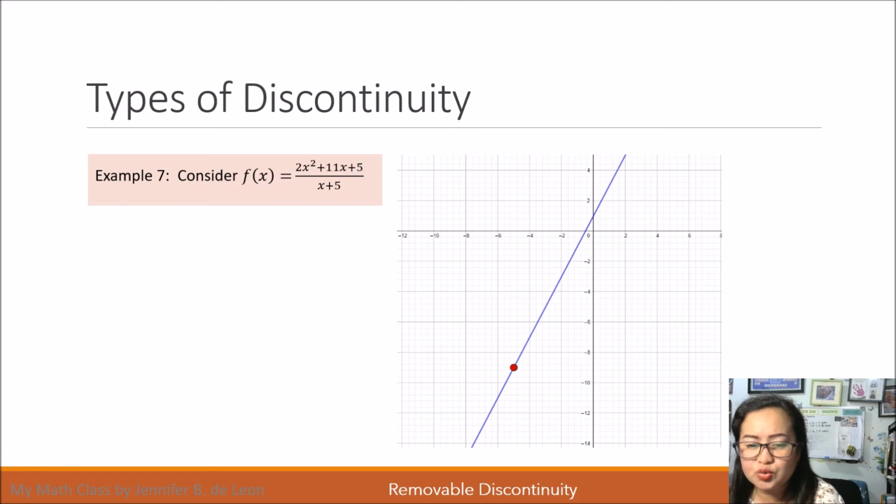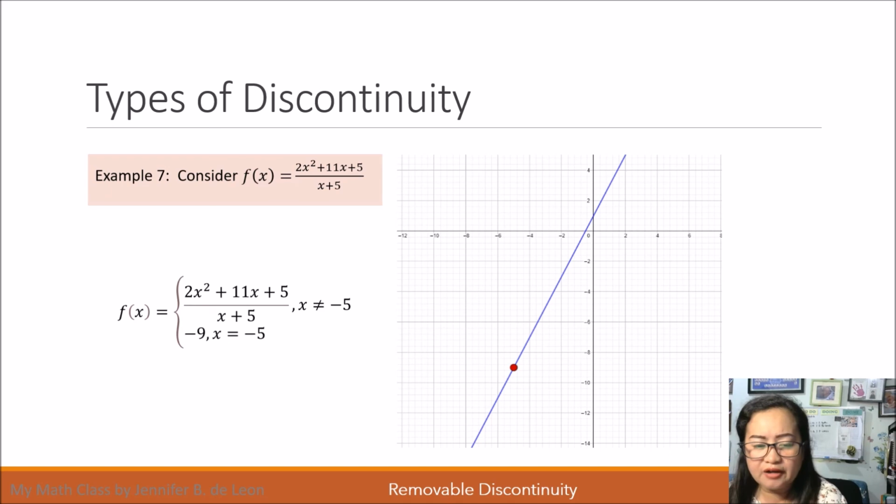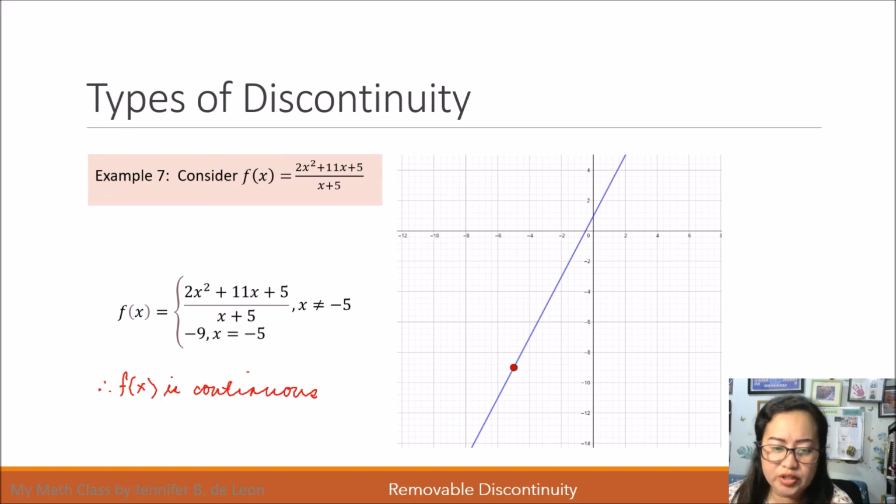Now, in order to redefine the function, we have the constant function negative 9, where x is equal to negative 5. Hence, we can already say that f of x is continuous at any point on the graph. So that makes sense why this kind of discontinuity is called removable discontinuity.